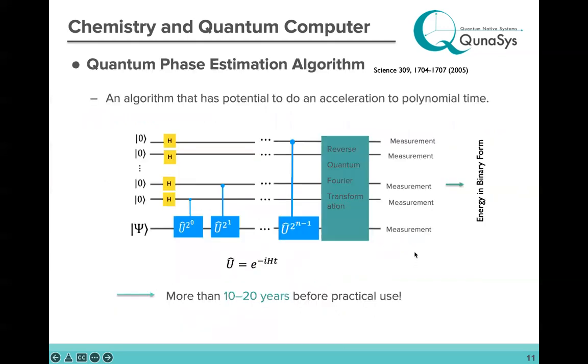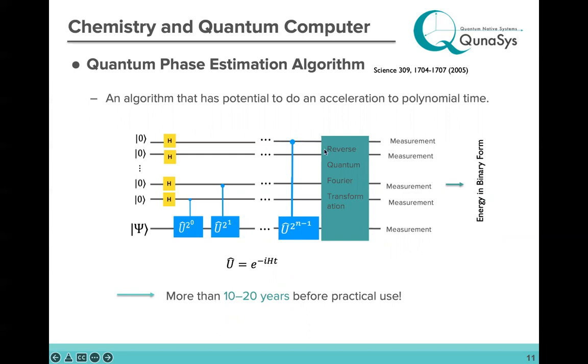This acceleration can be achieved with the so-called quantum phase estimation algorithm. This is an algorithm that has the potential to do acceleration to polynomial time. In fact, in 2018, Google estimated that the calculation of the highest theoretical accuracy, so-called full CI, of 155 orbitals can be done in 58 hours with a quantum computer which has 5 million qubits and error correction.